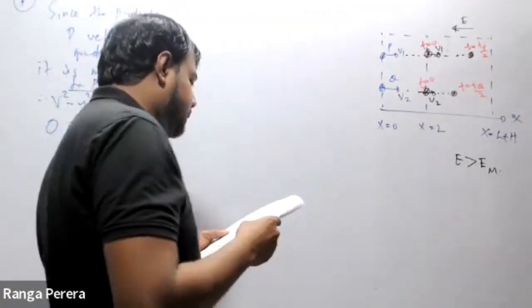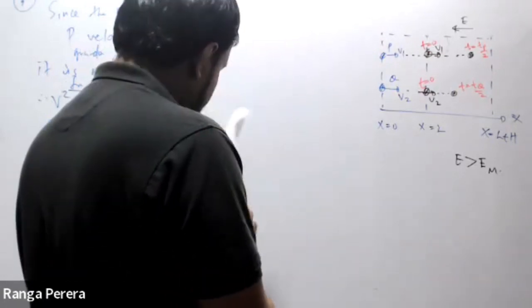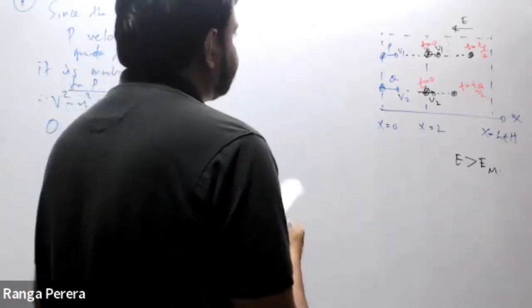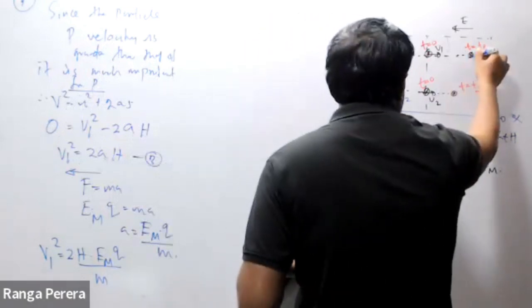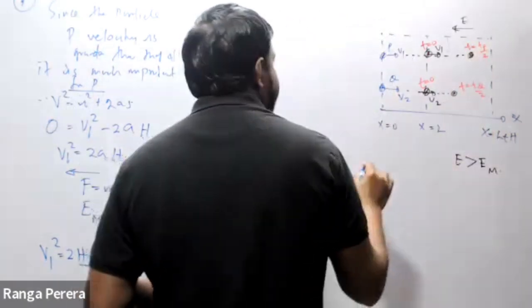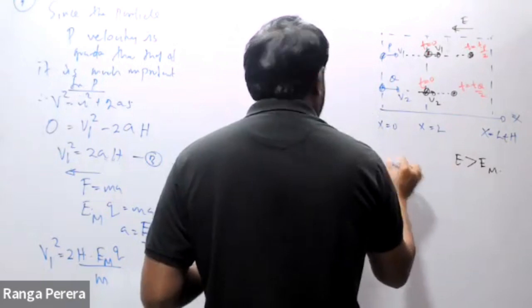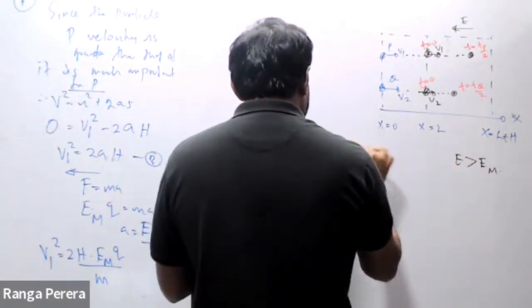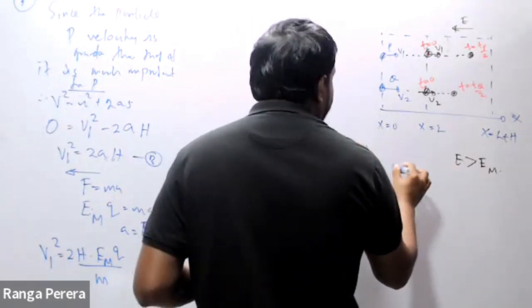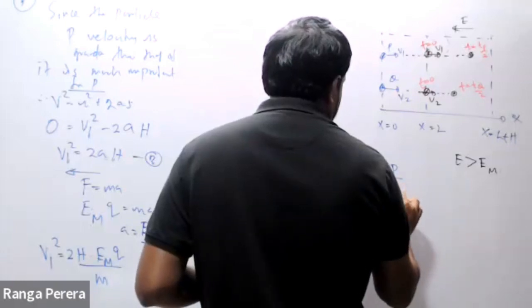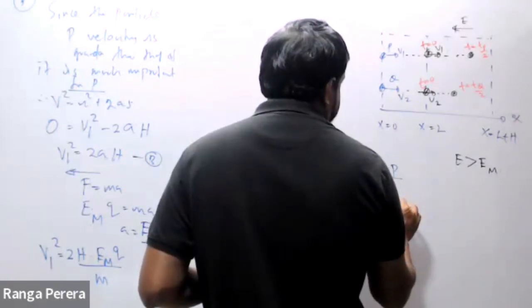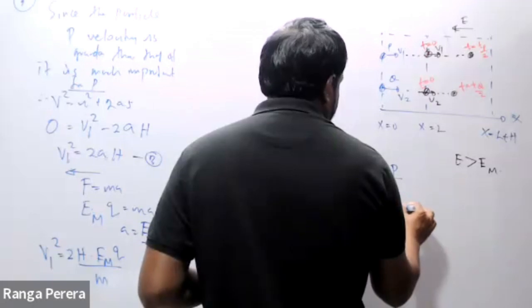Obtain expression for the Tp and Tq. Right. Final velocity 0 here. We can apply, if you want to write the question number C part 1, for P, V equals U plus AT.